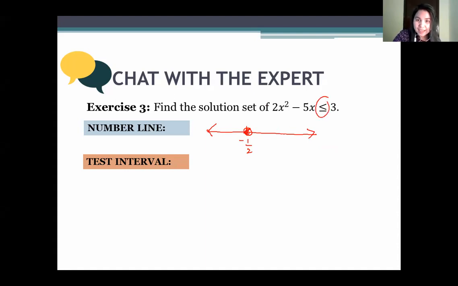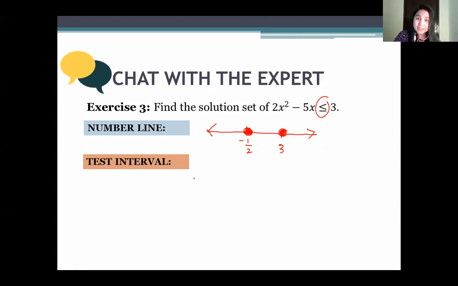Shaded. And the other is 3. Let's have it first in shaded. Oh, my answer in the module is wrong on page 50. Kindly edit the module. It should be shaded, not open, because it's less than or equal to.